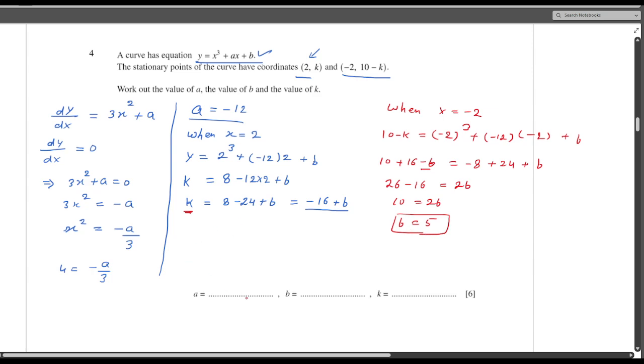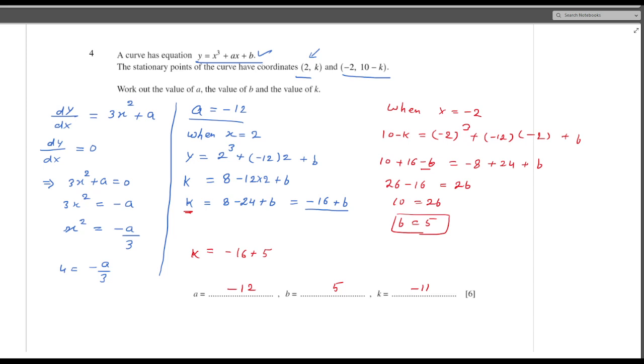So the value of a we got is minus 12, the value of b we got is 5, and now the k value. Here we said k is minus 16 plus b, so b is 5, so this gives me minus 11. So the value of k here we got is minus 11, right? So this is your question.